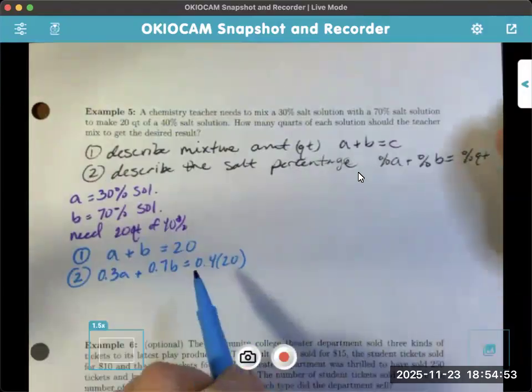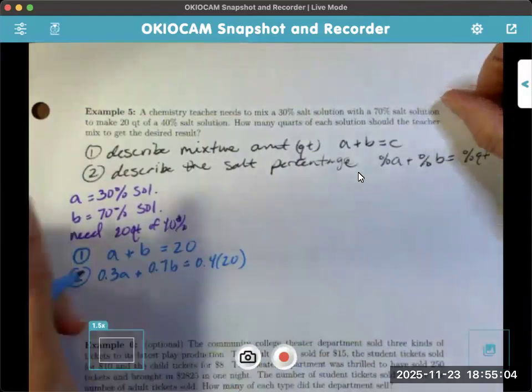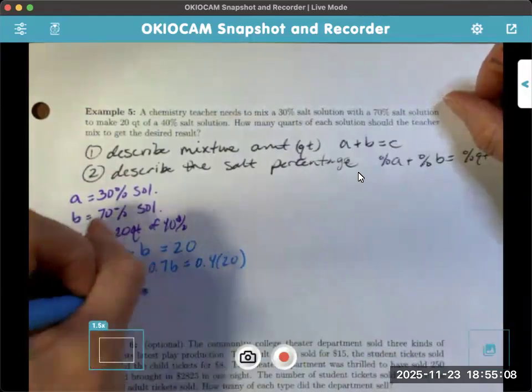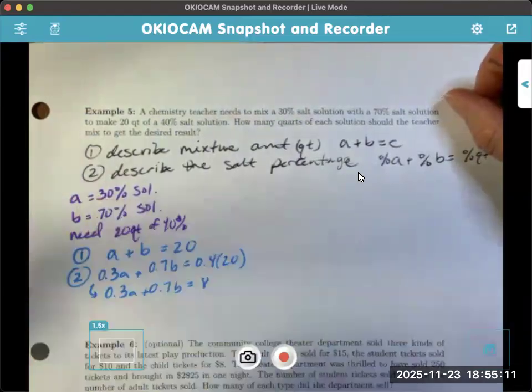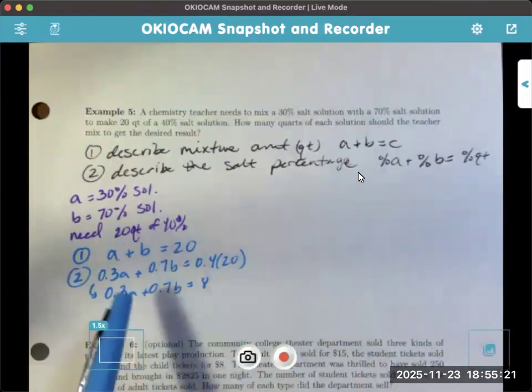And then here we might say that 0.4 times your 20, what is that, 8? Yes. So the only thing I would say is just maybe 0.3A plus 0.7B equals the 8. So now, if we have our two equations, we just did substitution, now let's go with elimination.